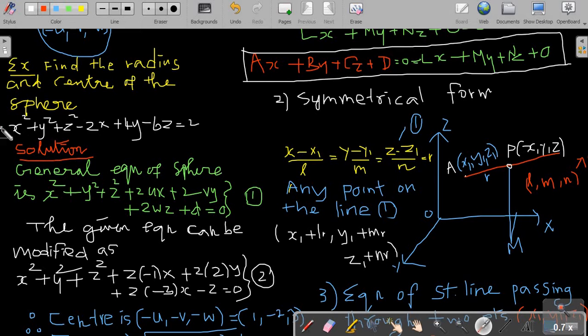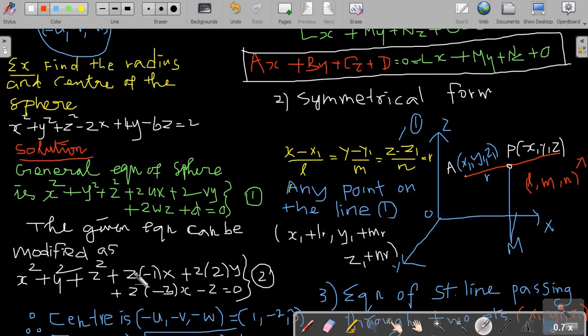So how can we write this? x square I have written, y square I have written, z square I have written. But instead of minus 2x, I have written 2 into minus 1 into x. Without loss of generality, we can write minus 2x like this, in order to get u, v, w.